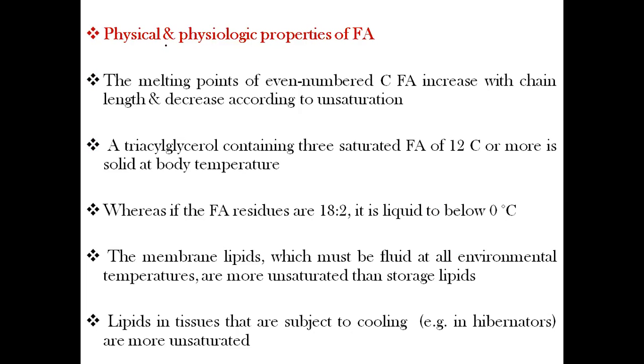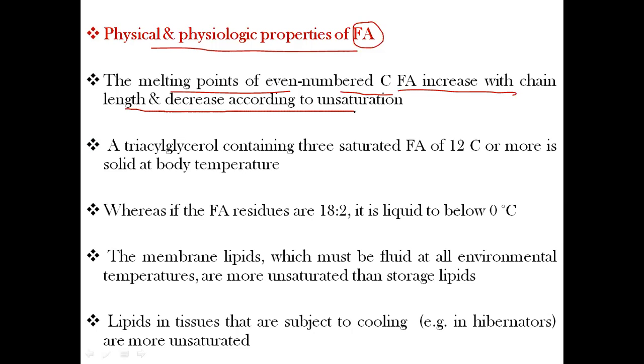Next one is the physical and physiological properties of fatty acids. These are very important. First one is that the melting point of even number carbon fatty acids increases with chain length and decreases according to the unsaturation.